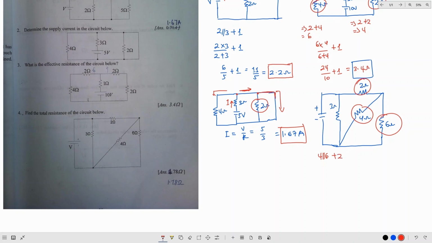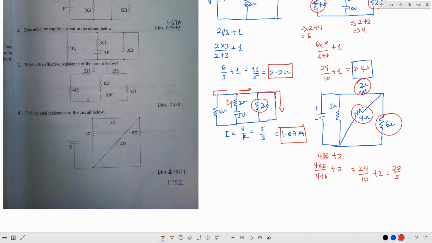So you're going to have 4 times 6 divided by 4 plus 6, plus 2. So you're going to have 24 divided by 10, plus 2. So 24 on 10 plus 2 gives us a value of 22 on 5 ohms.